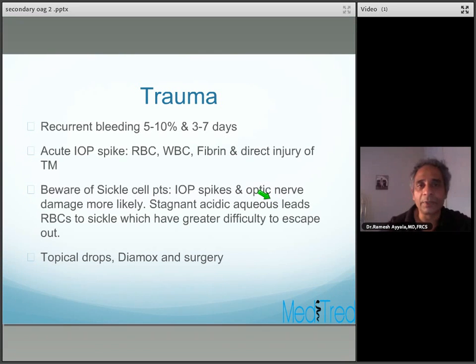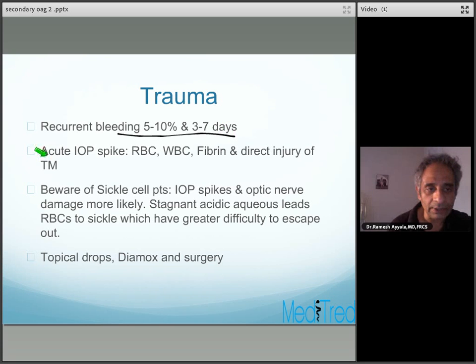If at the time of presentation the intraocular pressure is normal, you still will have to treat the inflammation that is associated with it, watch this patient, and suggest bed rest to prevent recurrent bleeding, which is more likely to happen between 3 and 7 days, and is seen in approximately 5 to 10% of patients. So the recurrent bleeding is more likely to cause acute pressure spikes than the actual initial presentation.